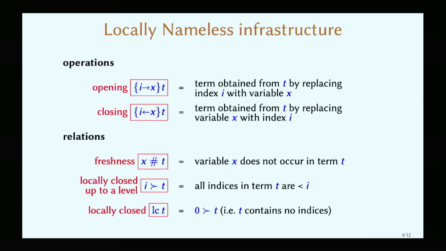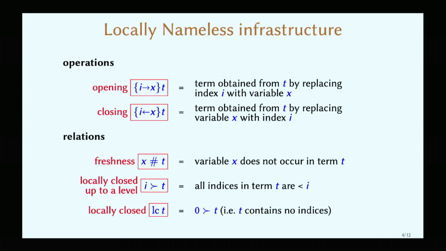So locally closed up to some index i means that all the indices that appear in the term are strictly less than i. And actually, the i equals 0 case of this is very important. That's where there are no indices at all in t, and one talks of the term being locally closed. Not maybe a great term, but that's the terminology that's used. So a locally closed term is one that has no indices.